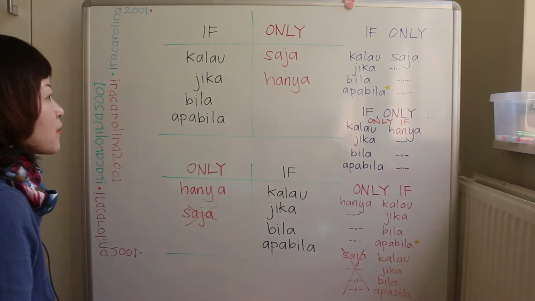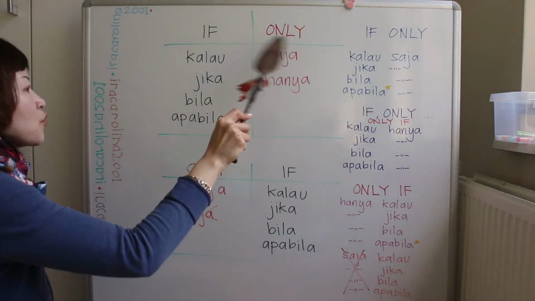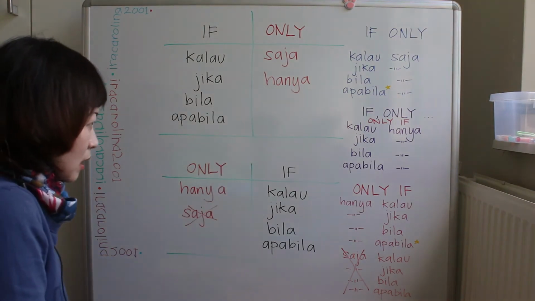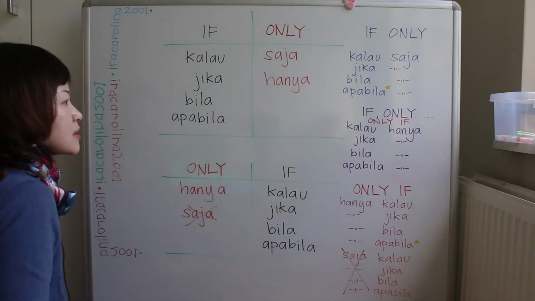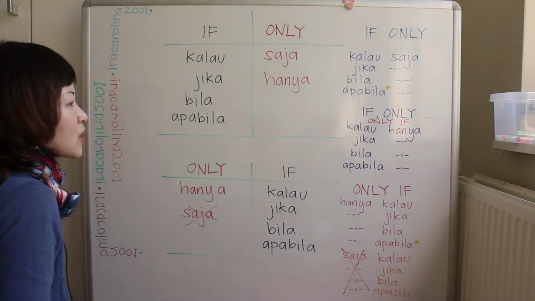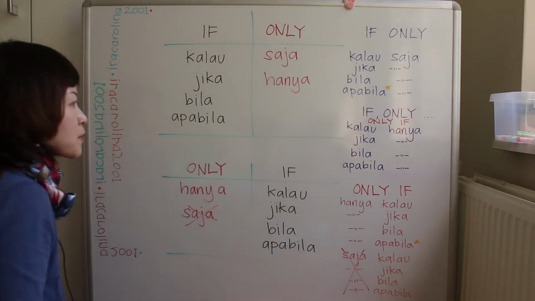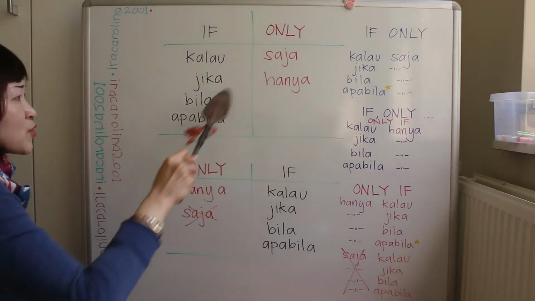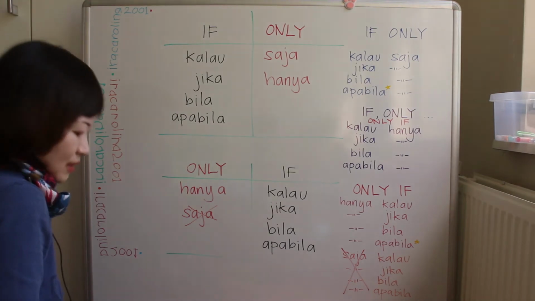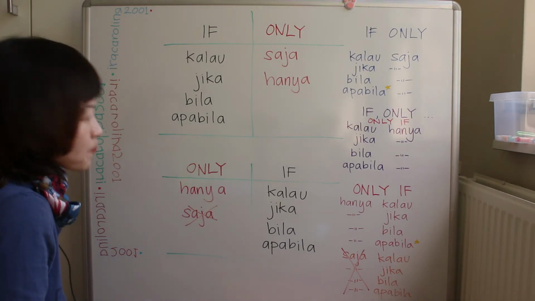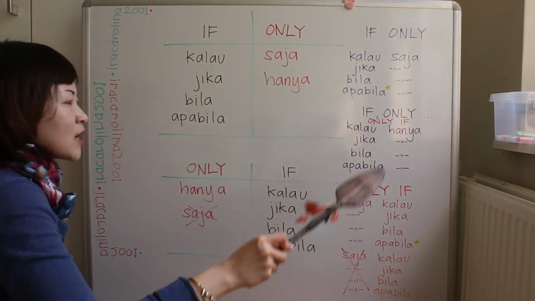But then, how about if we use the if words and then we use the only with hanya? If you use the only with hanya, instead of making the translation become if only, even though the position is the same and you just change the only from saja to hanya, it gives a bit different meaning, because this one says if, and then only blah blah blah.